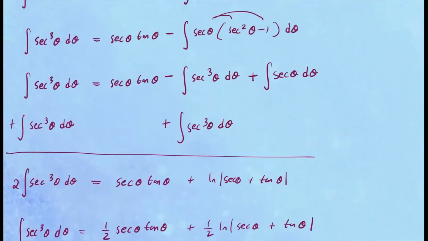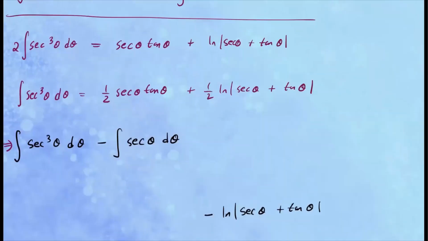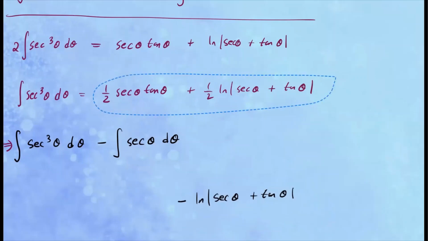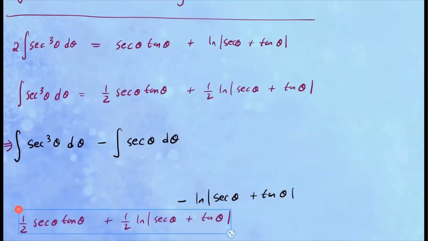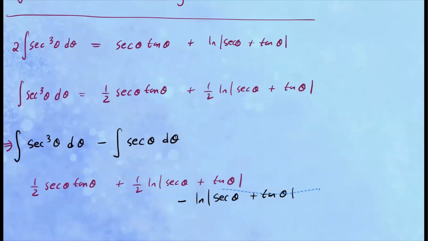Now let's put all the pieces together. So this is the problem we initially started: secant cubed theta minus secant theta. So for secant theta, we got this piece right here. And then for secant cubed theta, we just got this piece right here. So our final answer, well, almost the final answer, is this minus this.